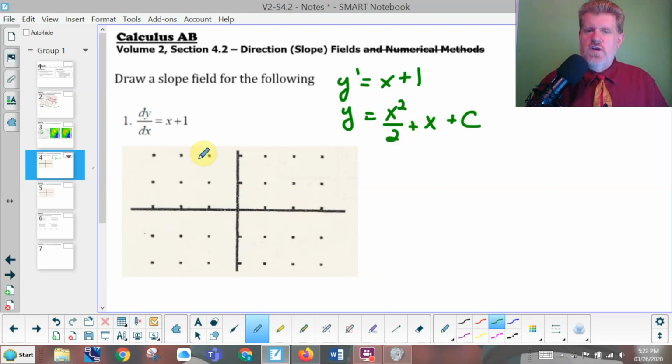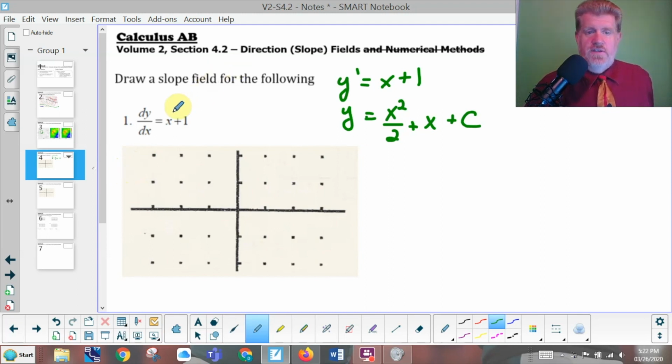Well, let's see what a direction field will show us. A direction field should show us, by graphing the slopes, what this equation should look like. We're going to graph the slopes. Now, it has an infinite number of slopes, depending on which point we choose, because there's an infinite number of points on the graph. So we are just going to choose a few and get an idea of where it's going.